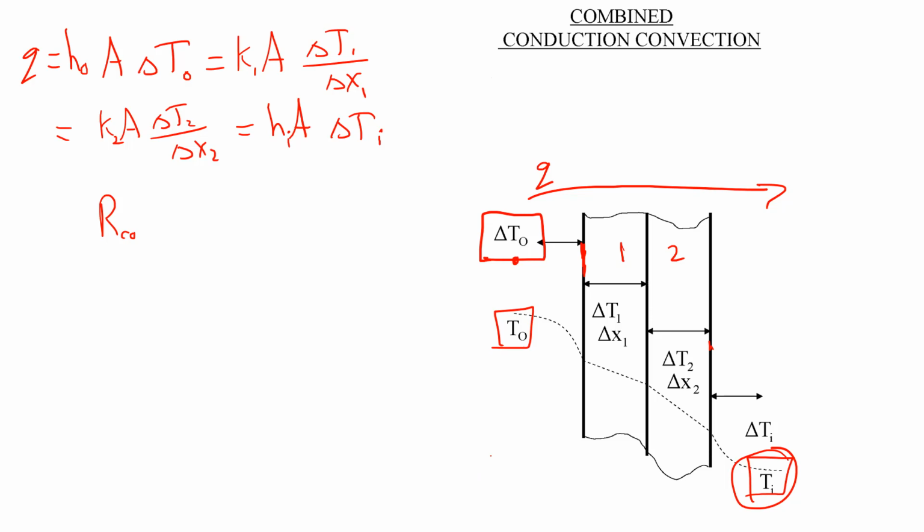Now, if I take all of that, and what I want to do is solve for the temperature difference between the outside air and the inside air, I'll just basically sum up all those delta T's.